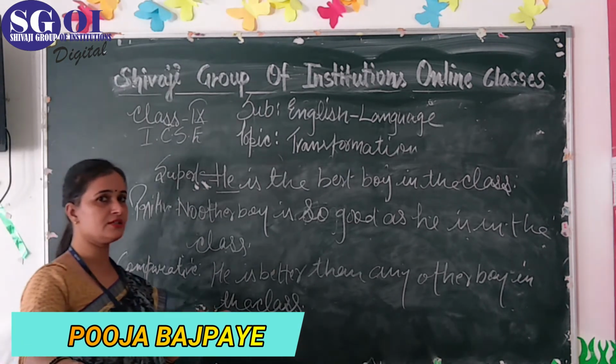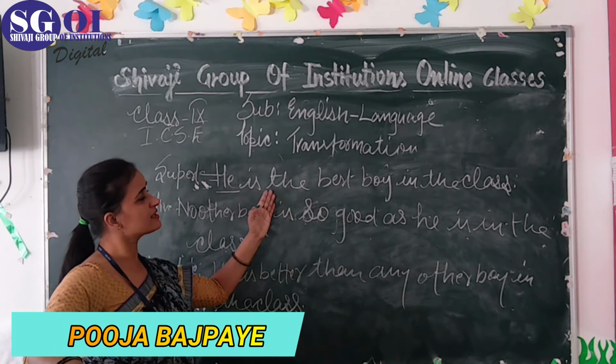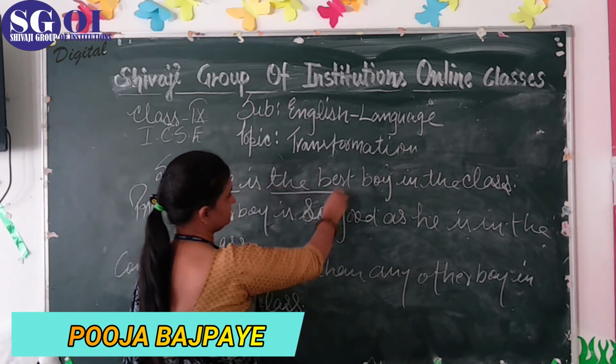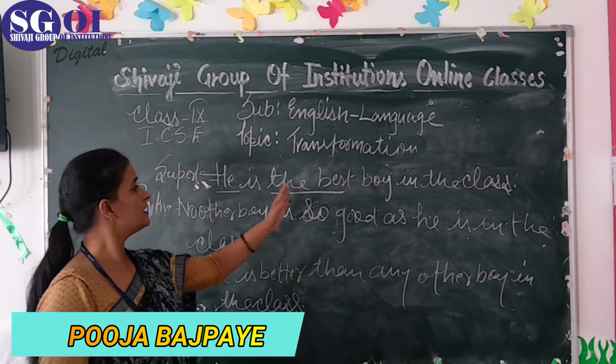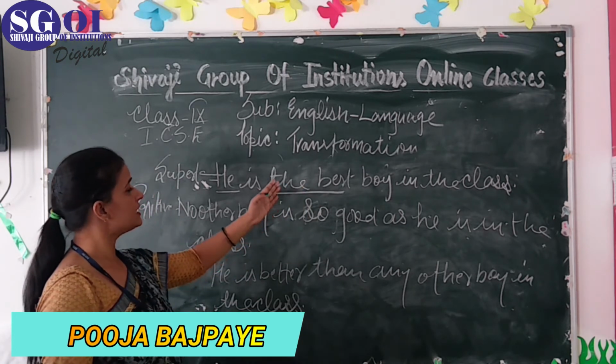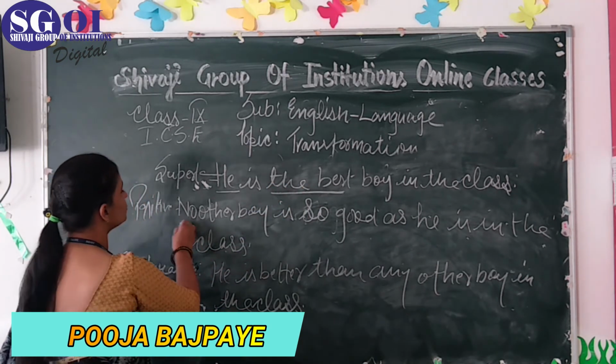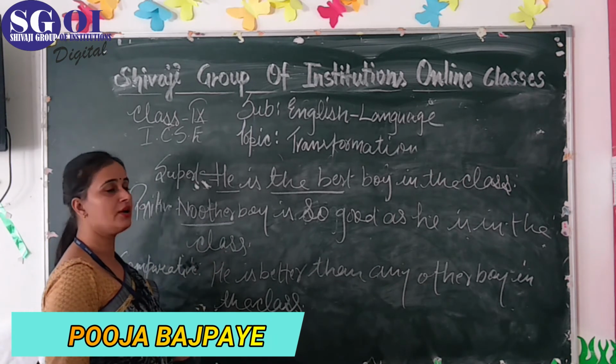So student, you have seen just a classification. If the sentence is given like this, with the best, you have to start your positive degree with no other or any other.